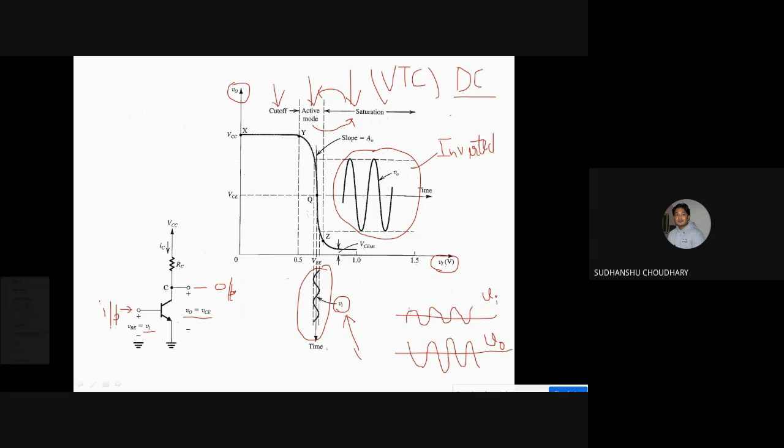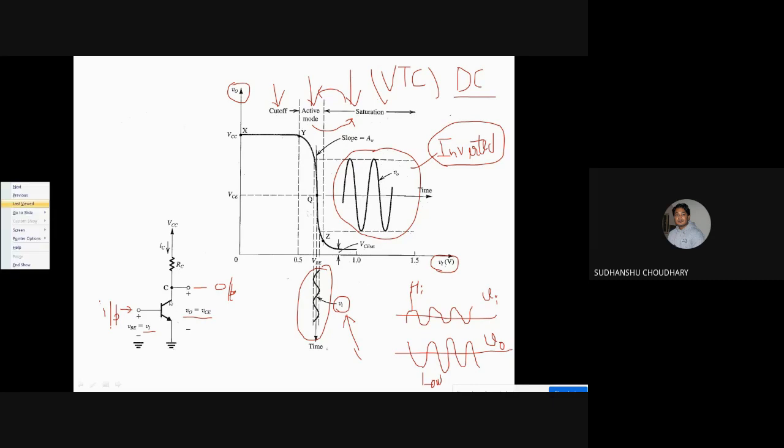For high values at the input, you are getting low values at the output. So the inverter action is happening here also in the common emitter BJT circuit. This is actually an inverting amplifier. It is amplifying, but it is also changing the phase of the output. So output and input have a phase difference of 180 degrees.